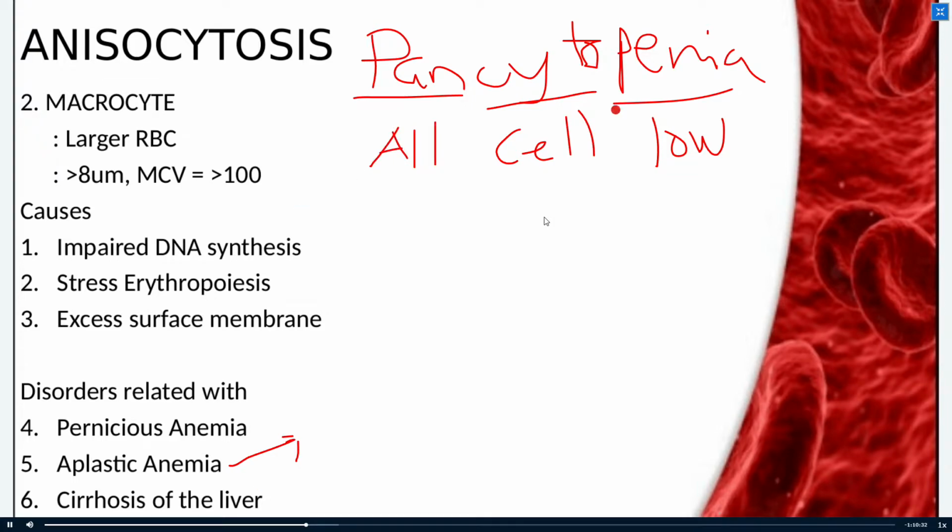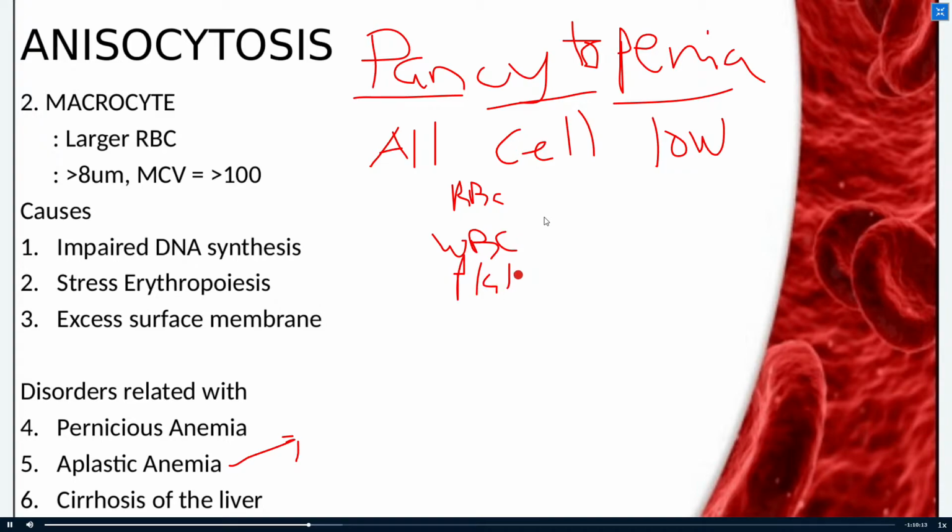All cells are low. Now, when all cells are low, class, what are the cells that are being included here? What are the three cells? RBC, WBC, and platelets.